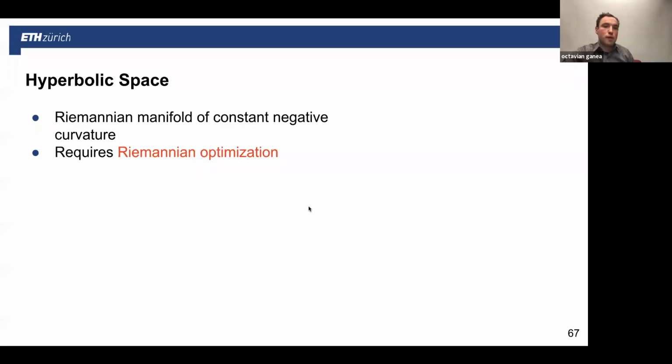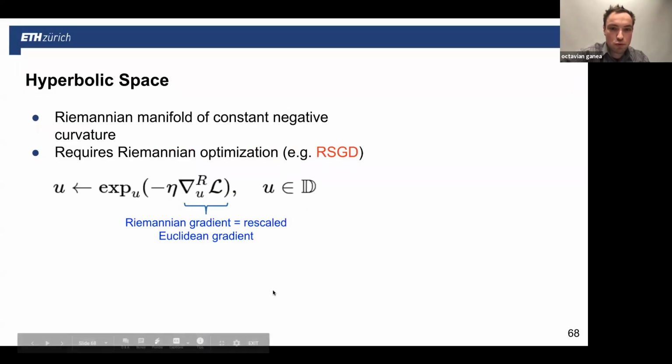If we want to use hyperbolic spaces in machine learning, then we have to use Riemannian optimization. What is Riemannian optimization? It's essentially a generalization of Euclidean tools, for example a generalization of stochastic gradient descent, called Riemannian stochastic gradient descent, RSGD. In SGD, we update a point u as u minus learning rate times the gradient. In Riemannian manifolds, we don't have a concept of adding two vectors, but we do have a similar concept, called the exponential map.